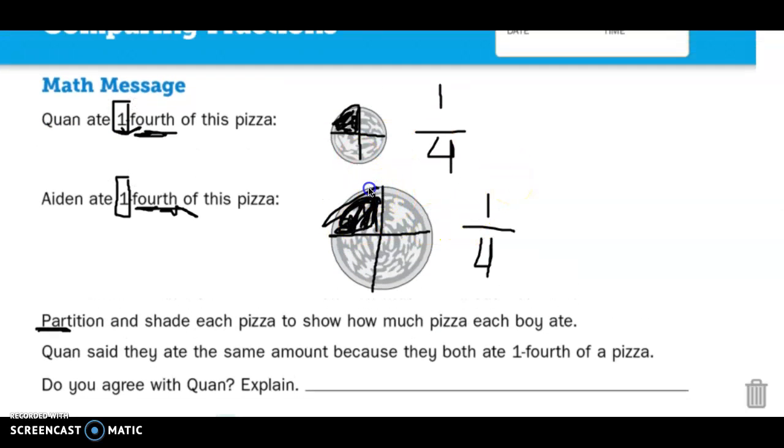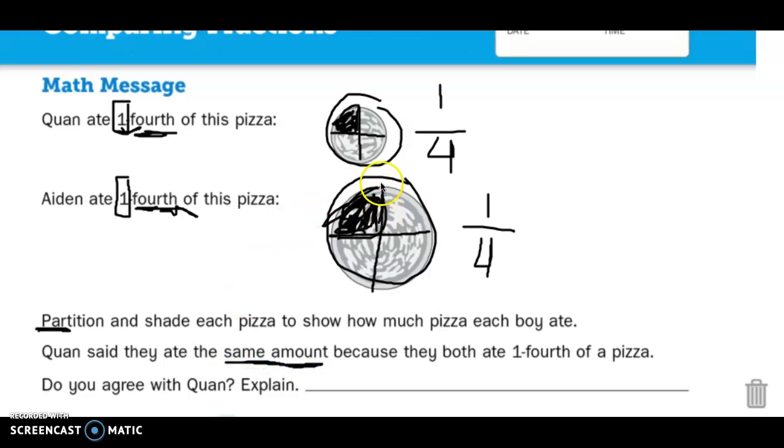But third graders, look, they both had circles as a whole, but what do you notice? That Aiden's pizza was much bigger than Quan's pizza. So yes, Aiden ate 1/4 of his and Quan ate 1/4 of his, but did they eat the same amount? Are their pieces equivalent or the same size?